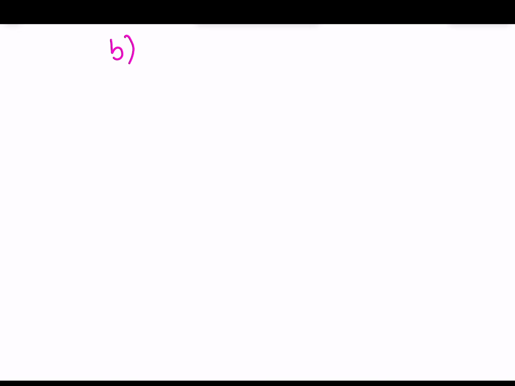Part B, we have 28 is equal to negative 7 over 4x. So this time we're going to do it the other way, where we first get rid of the denominator. The way we get rid of that is by multiplying both sides of our equation by 4.